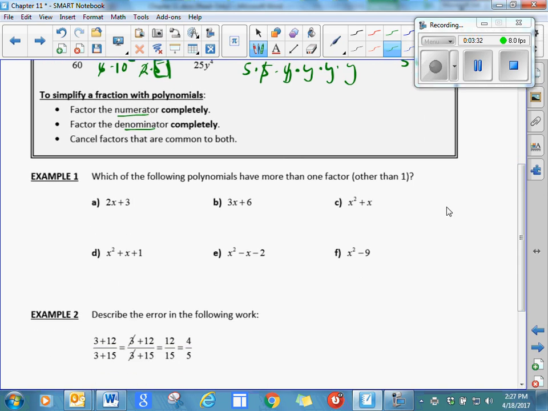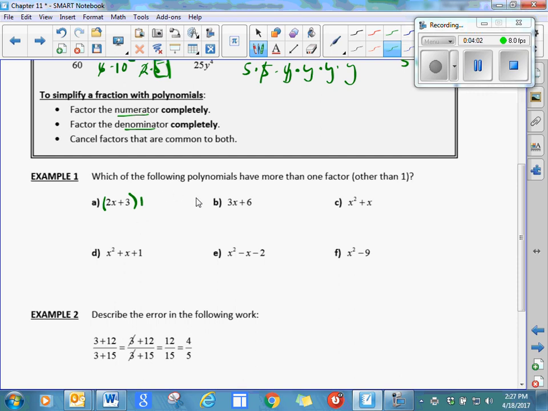So, before we actually get started with fractions, because none of these are fractions, obviously, but these are polynomials. All of these have more than one term, and we're going to look and see, do any of these have a factor that we can factor out? So we're looking to see, all of these have a common factor of 1. So if you think about this one, it has a common factor of itself times 1.